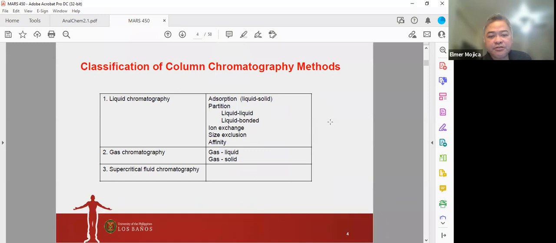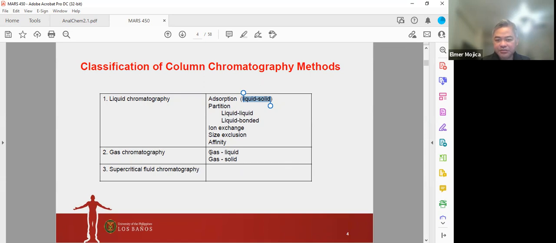If we look at the classification of column chromatography methods, in liquid chromatography it could be the interaction of your sample between the liquid and the solid phase, that's adsorption. It could be a liquid-liquid interaction or liquid bonded interaction, which is partition chromatography. Or it could be ion exchange, size exclusion, or affinity.